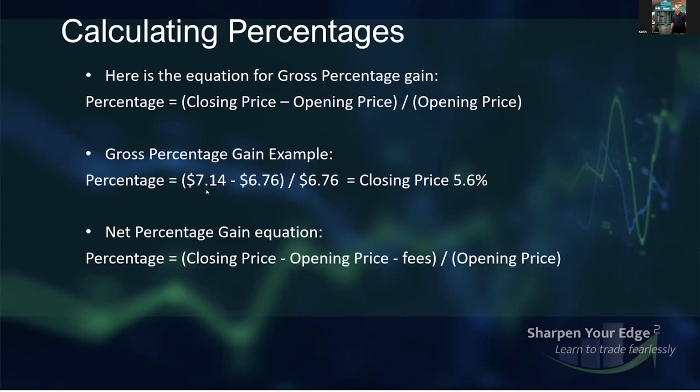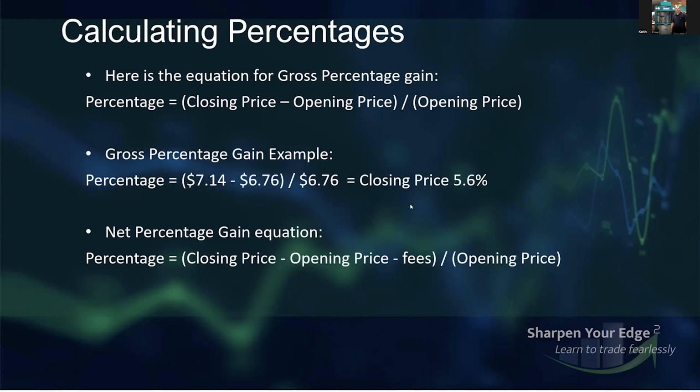An example, for one I did yesterday, I closed it for $7.14, opened it for $6.76, divided by 676, and that gives me a 5.6% gain for a gross gain on that.